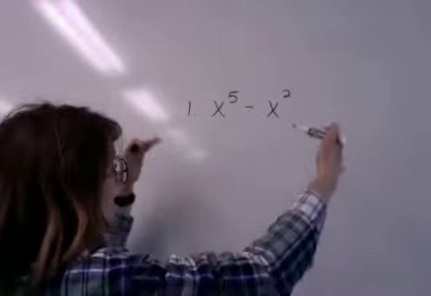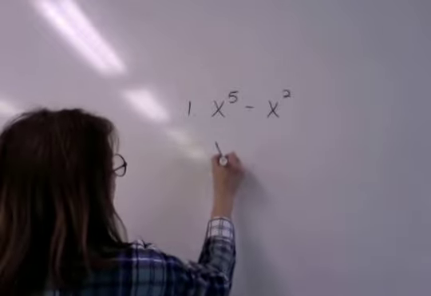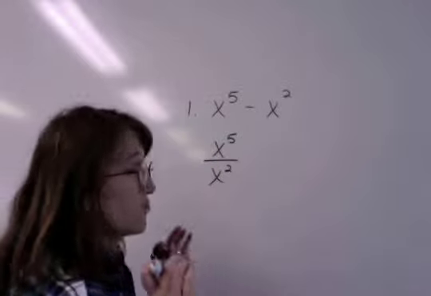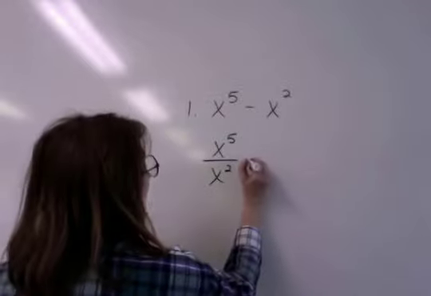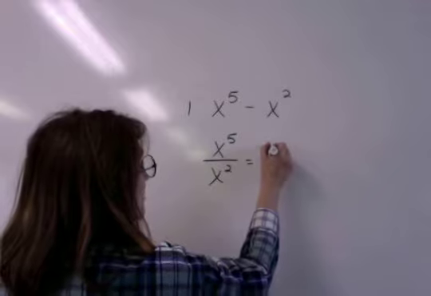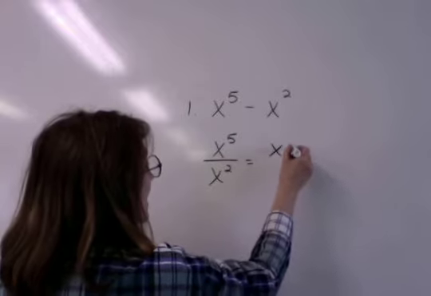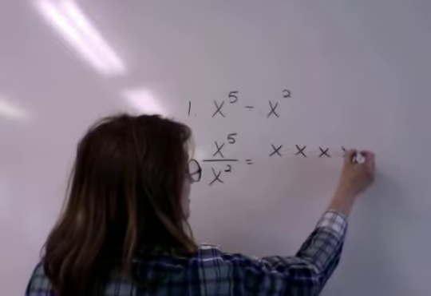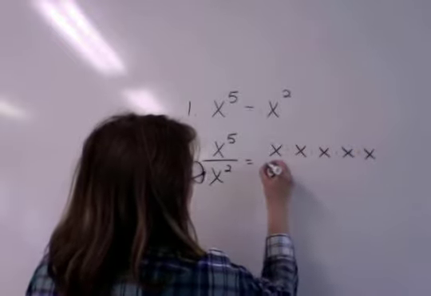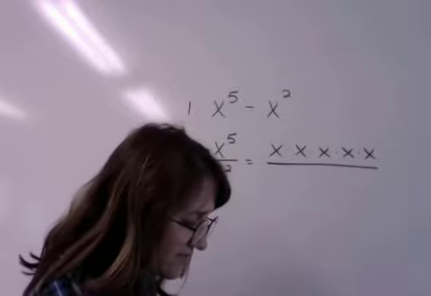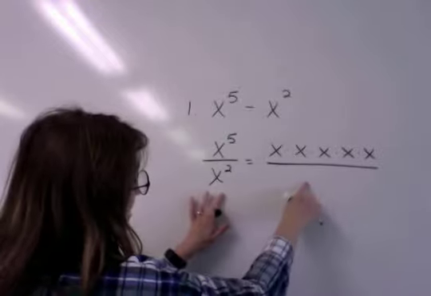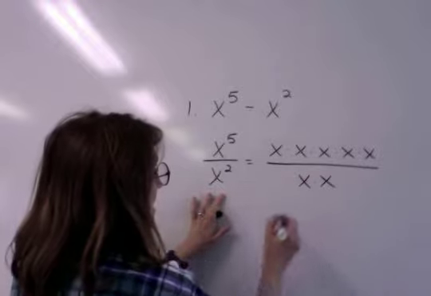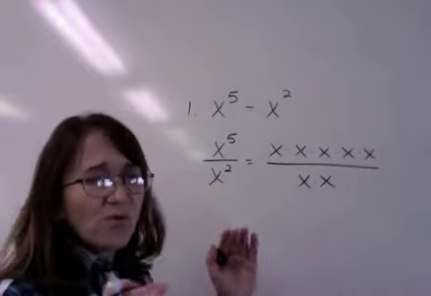If I set this up as a fraction, it would look like this. But an even weirder equivalent fraction would have x times x times x times x times x on top, and x times x on the bottom.